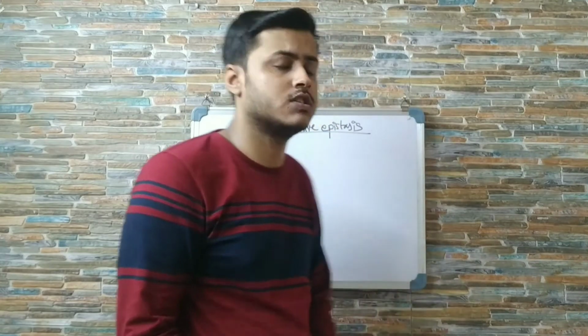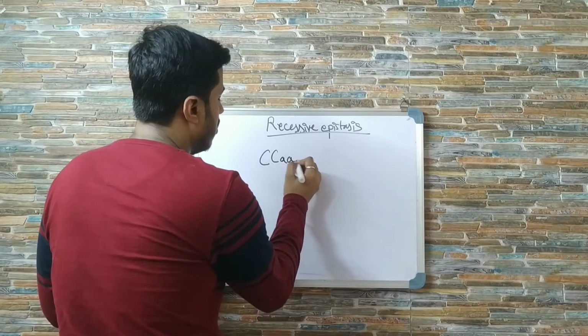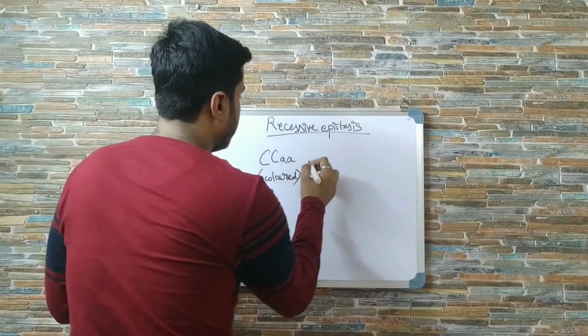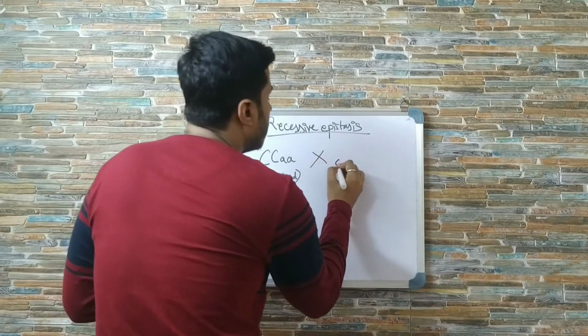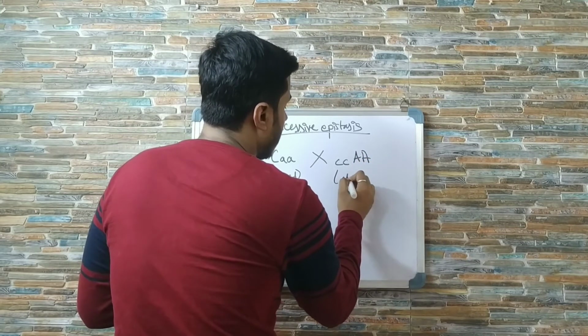Let's understand this more with the help of a Punnett square. Suppose there is a cross between capital C, small a, which is colored, and small c, capital A, which is albino.